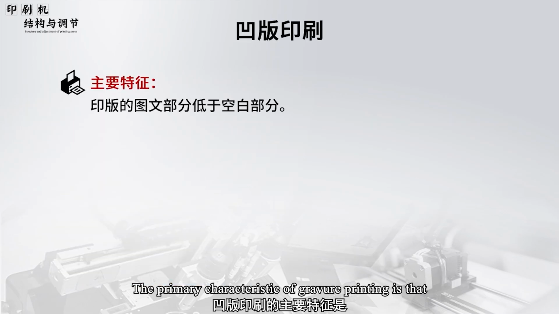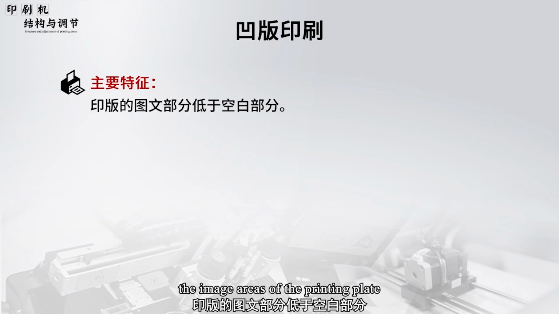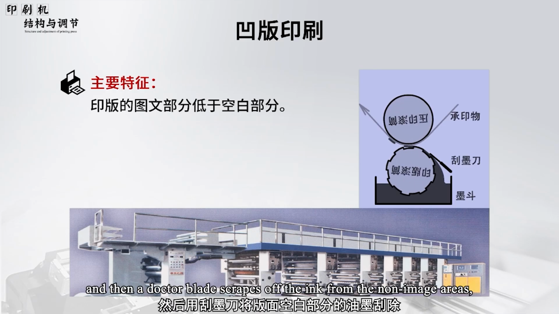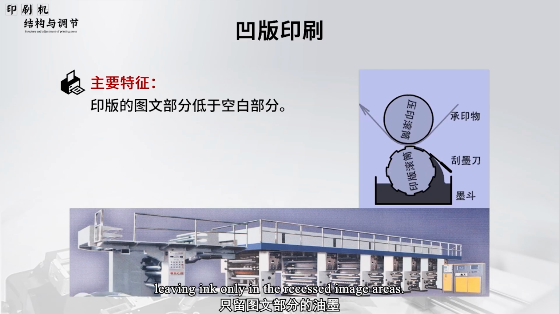The primary characteristic of gravure printing is that the image areas of the printing plate are recessed below the non-image areas. During the printing process, the entire plate is first inked, and then a doctor blade scrapes off the ink from the non-image areas, leaving ink only in the recessed image areas.